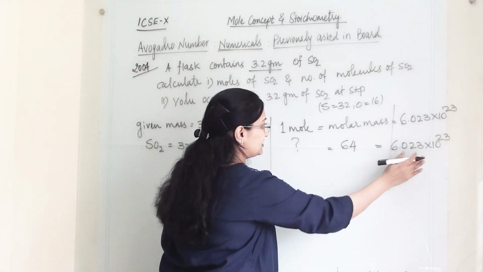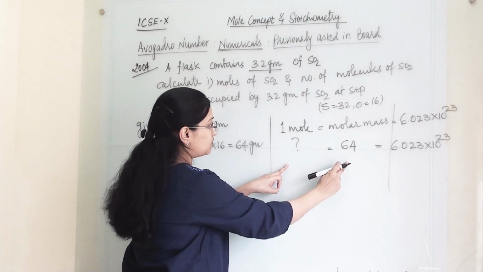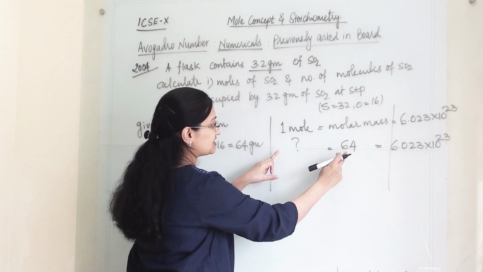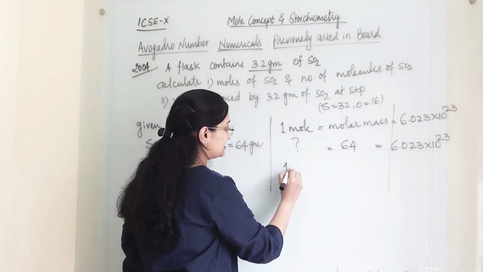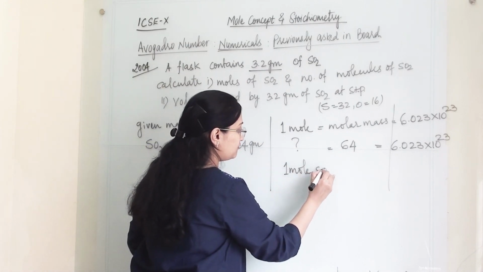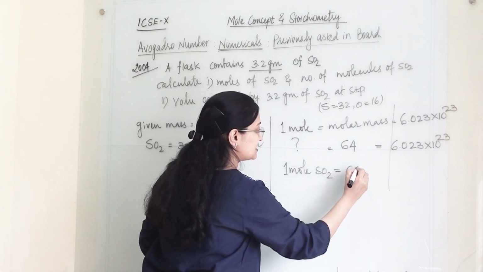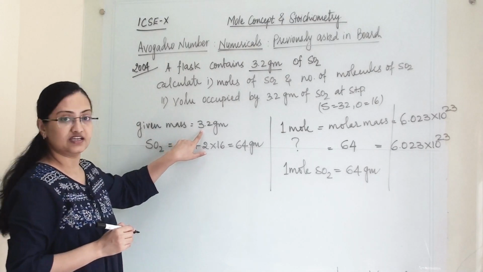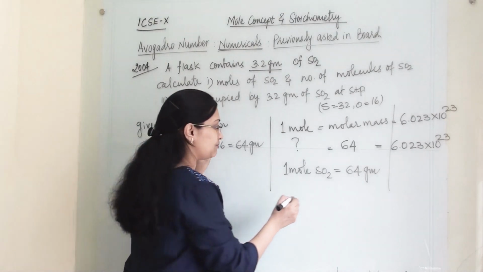This we will calculate later. So here we can count it like, 1 mole has how much weight? 64. So we can write like this: 1 mole of sulfur dioxide has 64 gram of weight. Then how much weight has been given to us? This is 3.2.